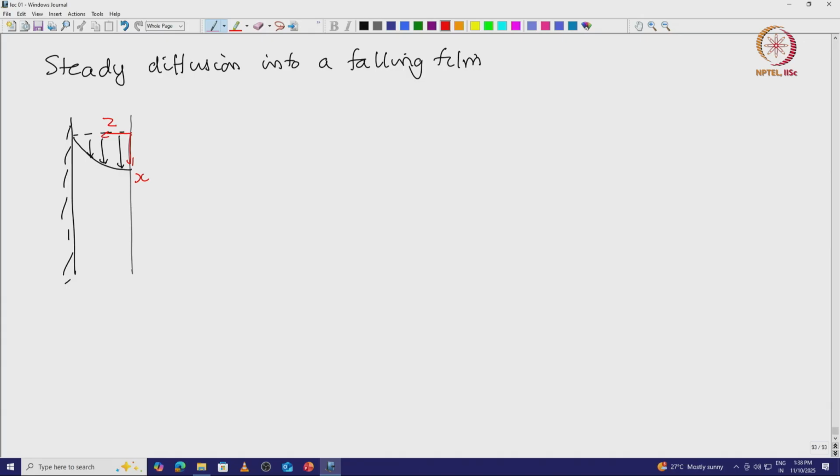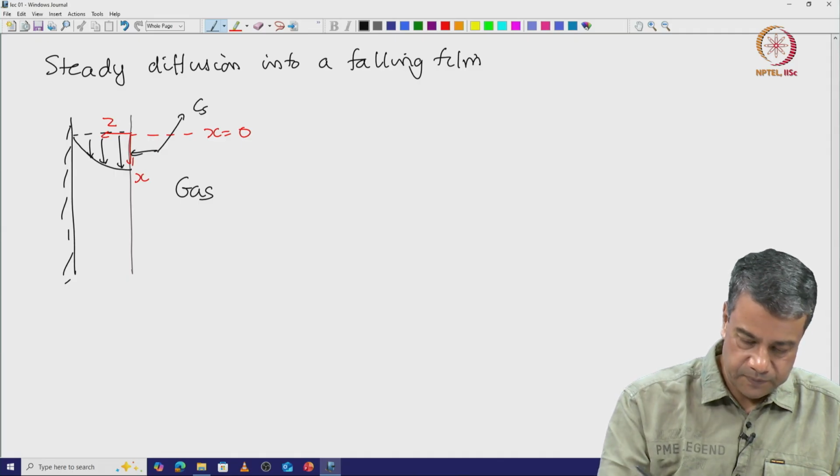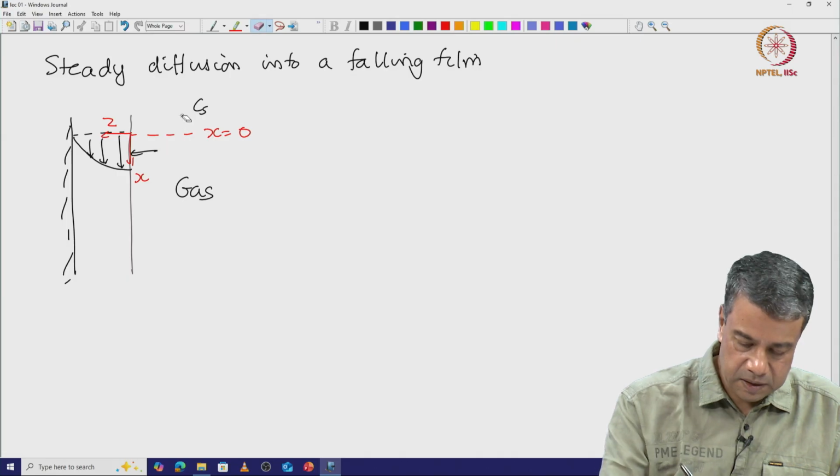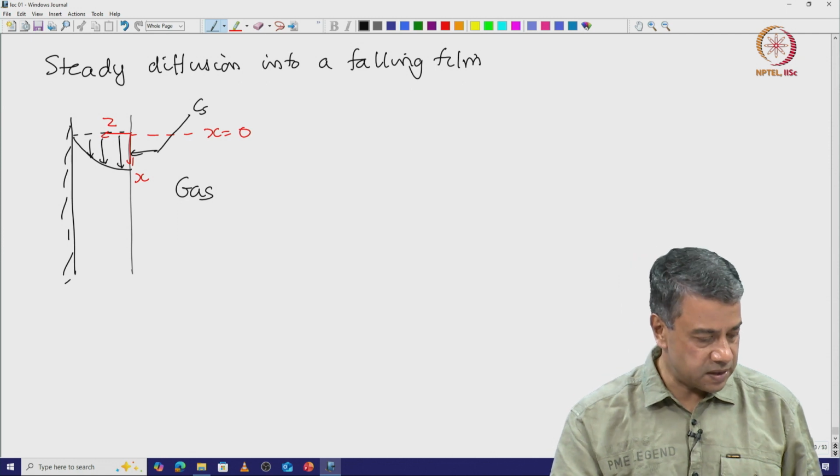At the location x equal to 0, this film is brought into contact with a gas with a solute of concentration C. The saturation concentration in the liquid at the surface in contact with the gas, at equilibrium with the gas concentration, I will refer to as Cs.